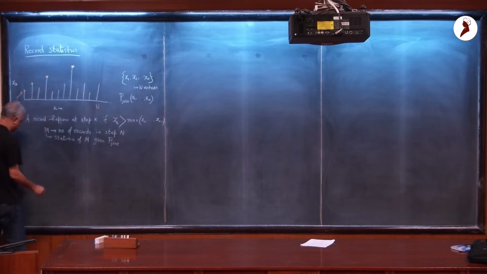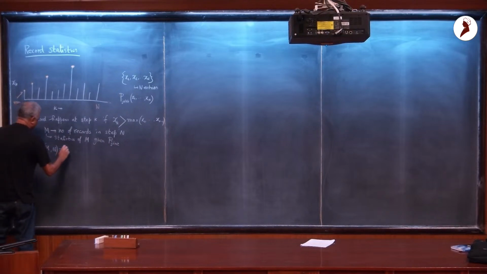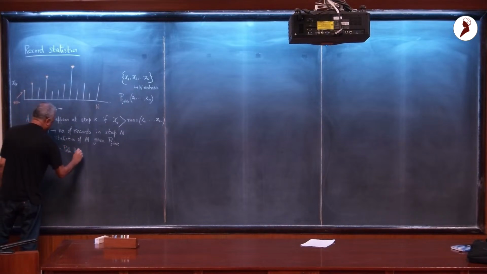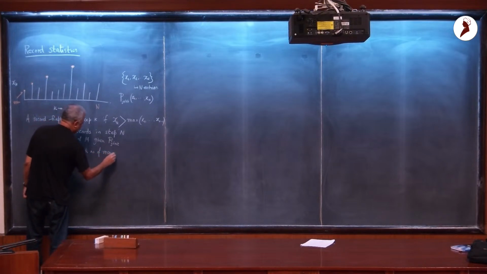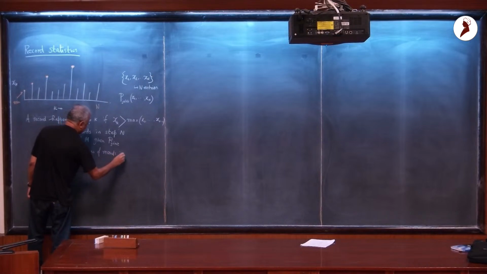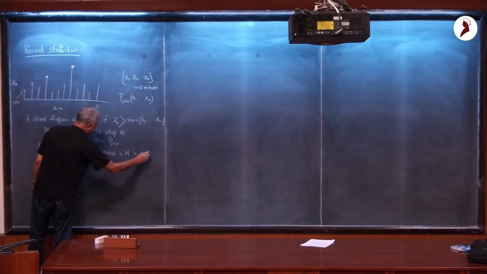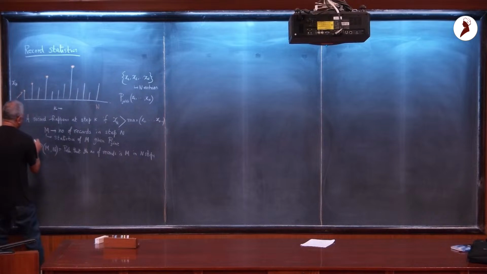So that's the problem. In particular, we want to know, for example, what is the distribution. This is the PDF of M given n. So this is the first object.